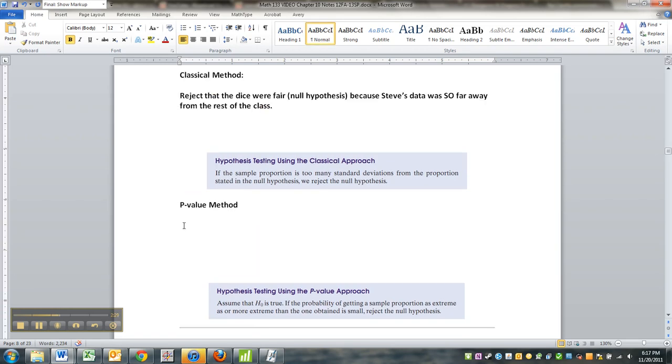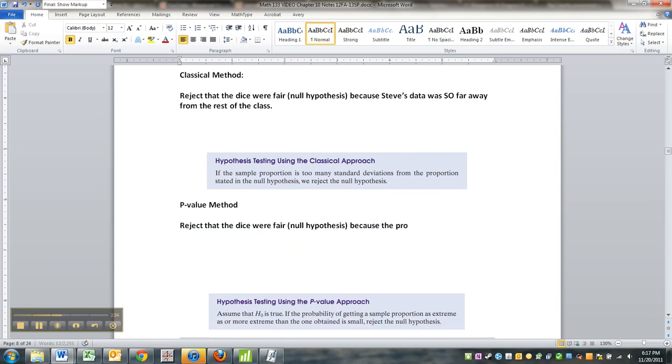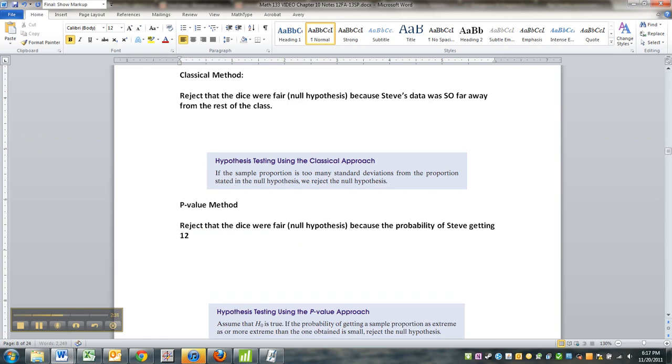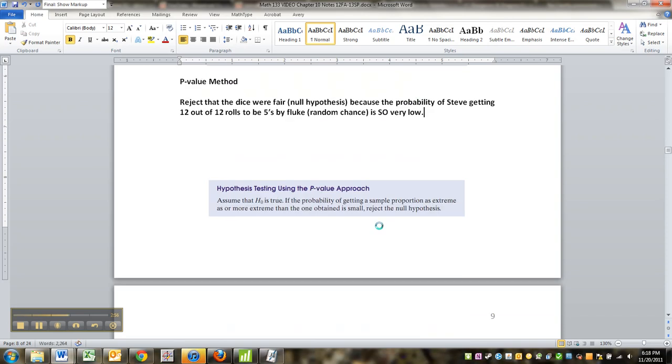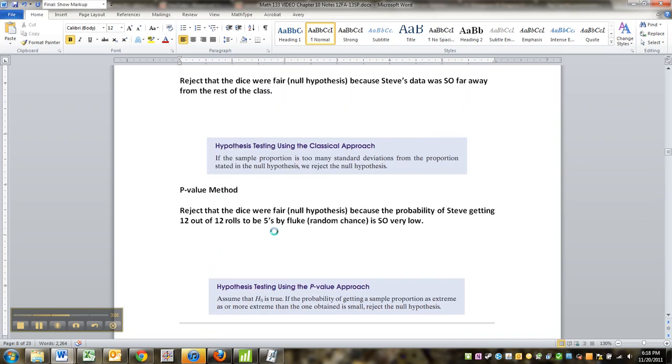Well, you reject that the dice were fair because the probability of Steve getting 12 out of 12 rolls to be fives by fluke, i.e., random chance, is so very low. Matter of fact, in chapter 6, you learn how to find the probability. It involves a binomial distribution. Okay, so that's the p-value method.